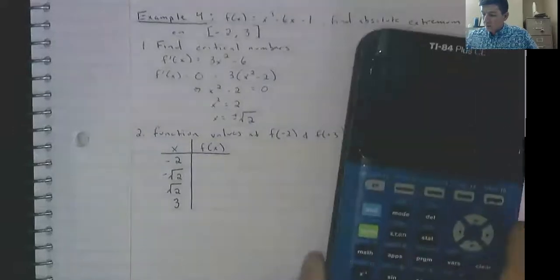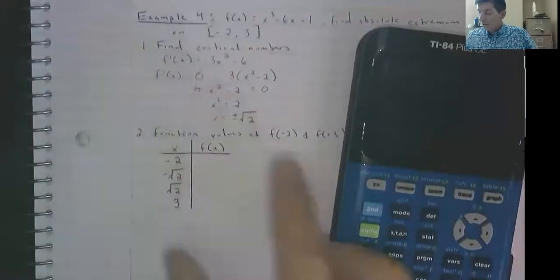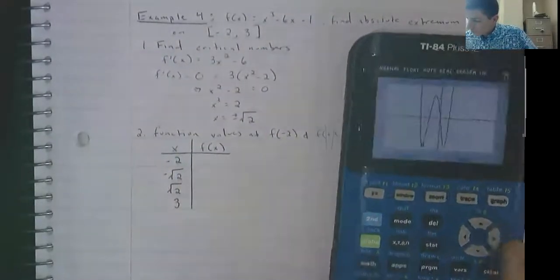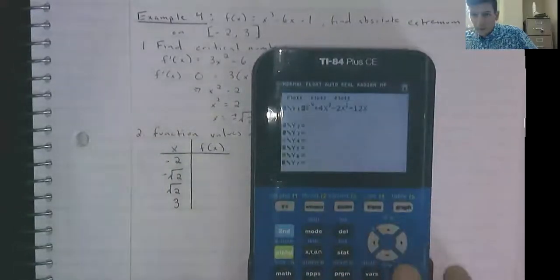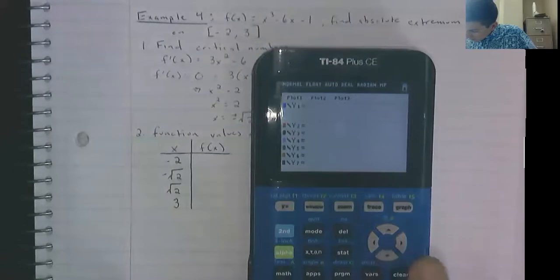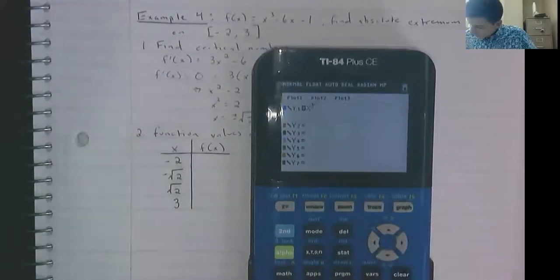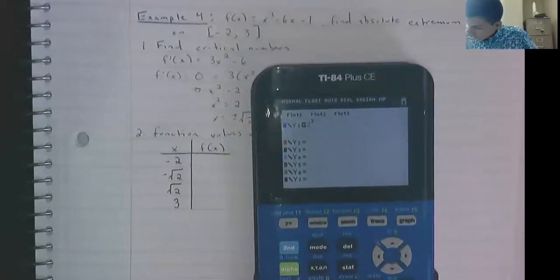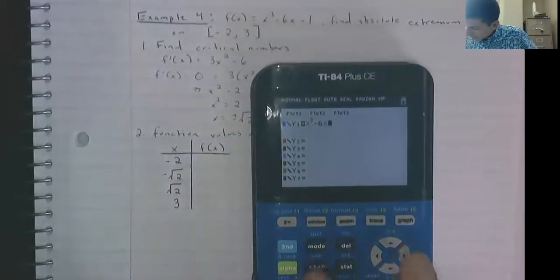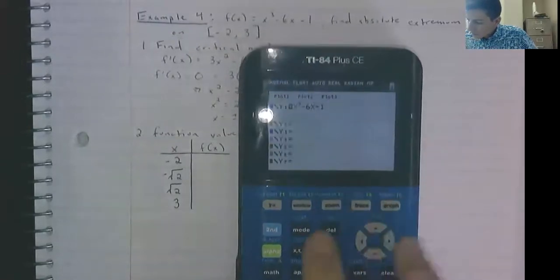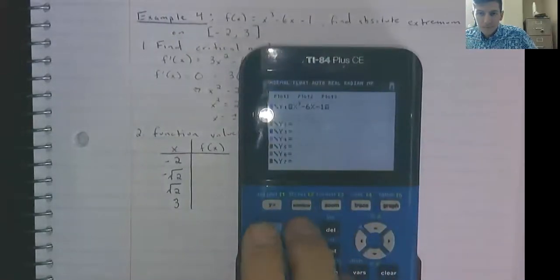So let's go back. This is now back to f of x. So let's delete this. Let's say f of x is x raised to the third minus 6x minus 1. Second quit.